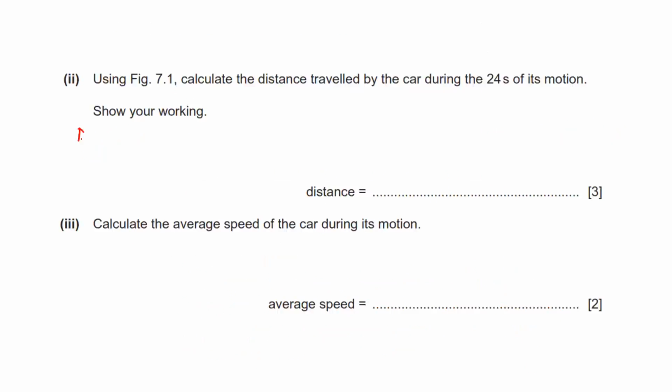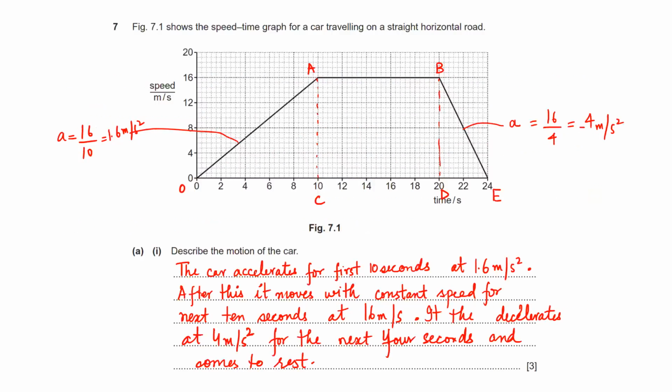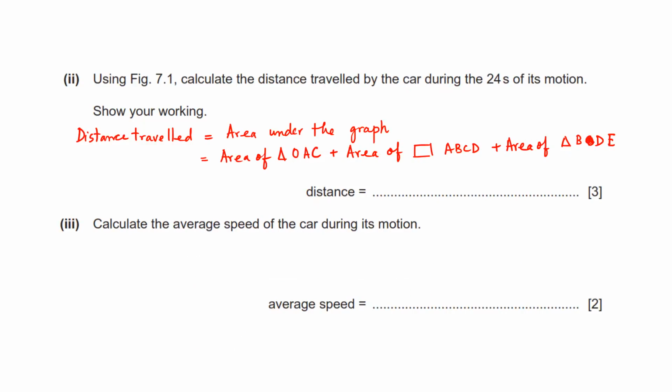So distance traveled is equal to the area under the graph, or let me divide it as area of triangle OAC plus area of rectangle ABCD plus area of triangle BDE.